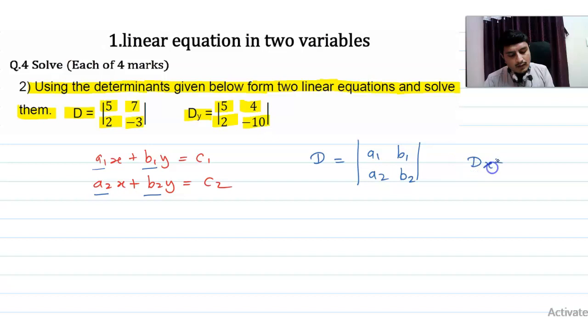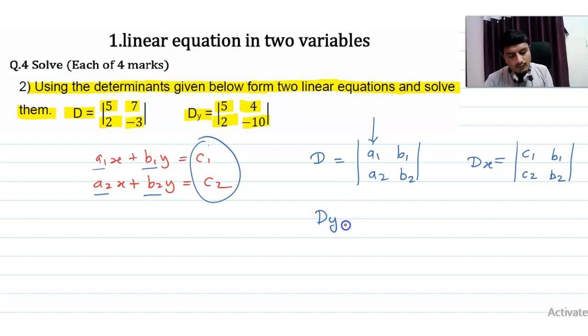Now to evaluate the Dx determinant, we have to replace the coefficients of variable x from D by the constants c1 and c2. That means for the value of Dx, the first column becomes c1, c2 and the second column remains as it is from D, that is b1 and b2.